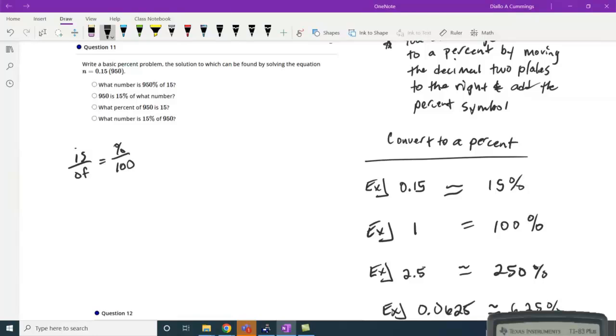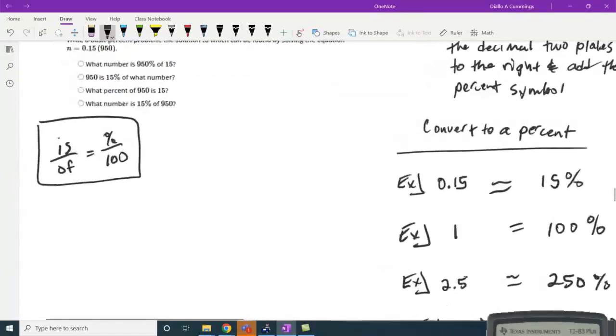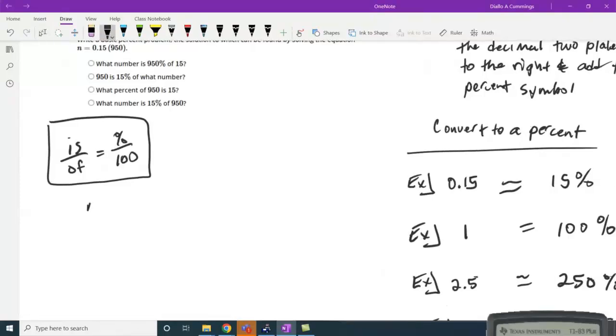And what we're given is n is equal to 0.15 times 950.